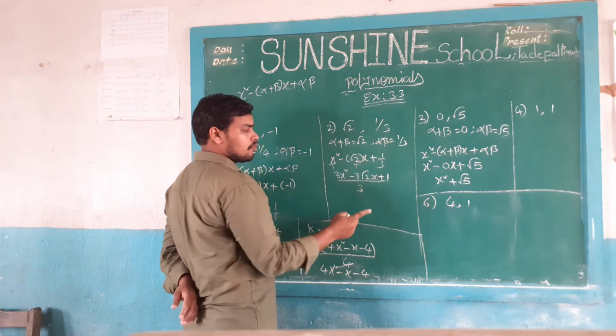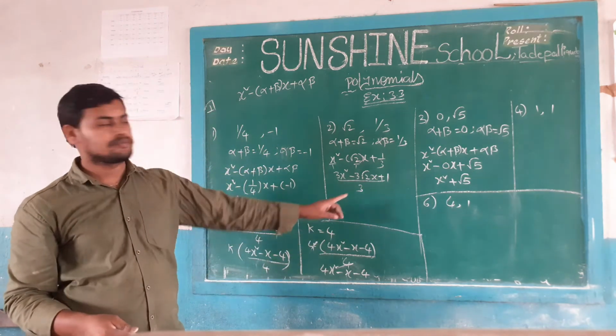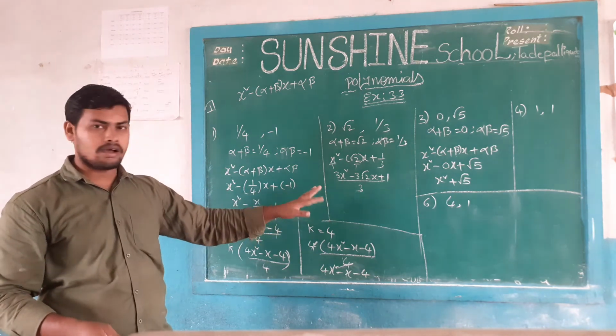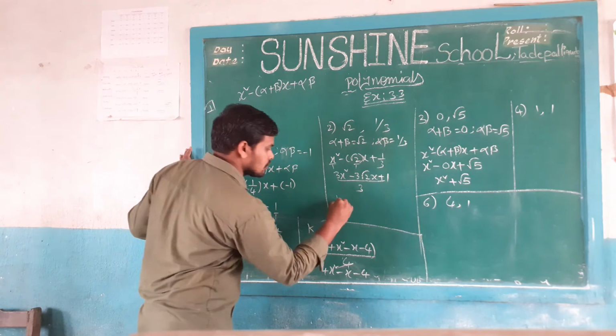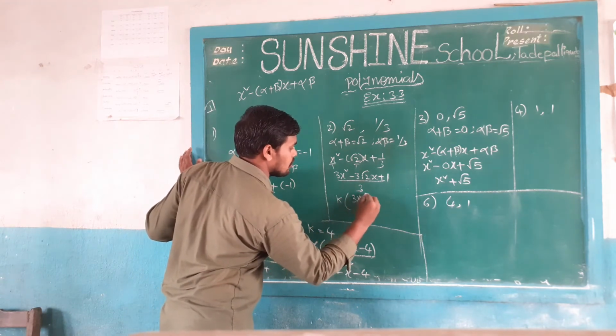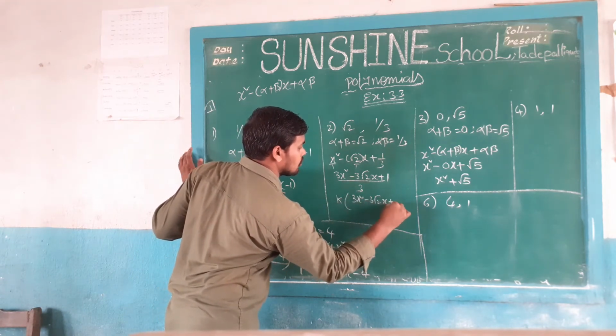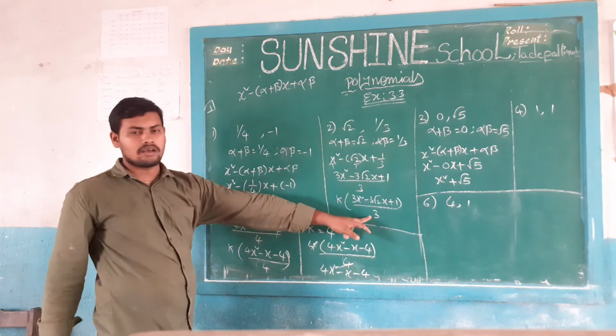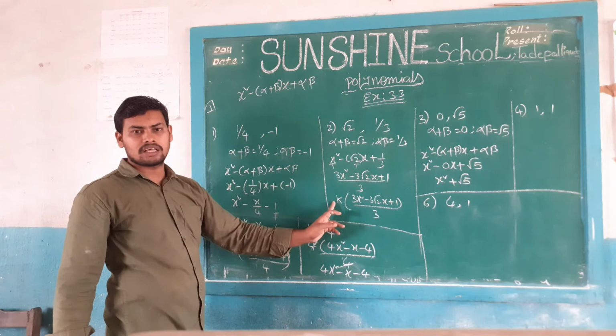Plus 3 in 3, 1 time. Here what is the denominator? 3 is the denominator. So you should multiply with the letter k. k into 3x square minus 3 root 2x plus 1 by 3. Now what is the value to substitute for k?